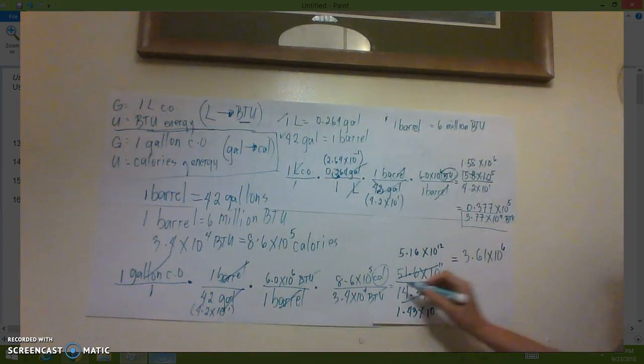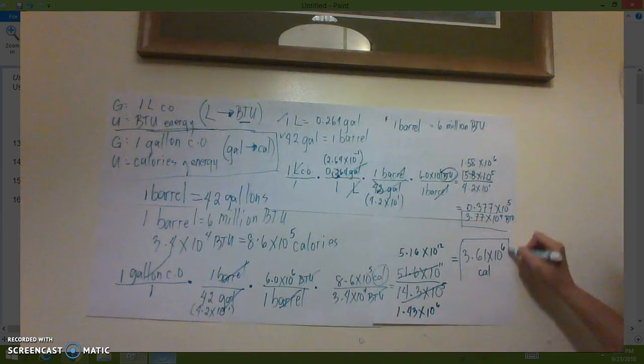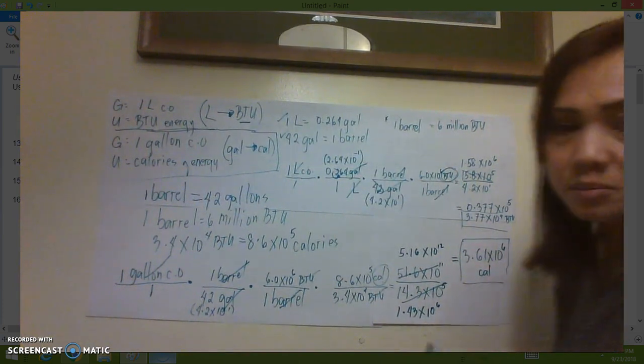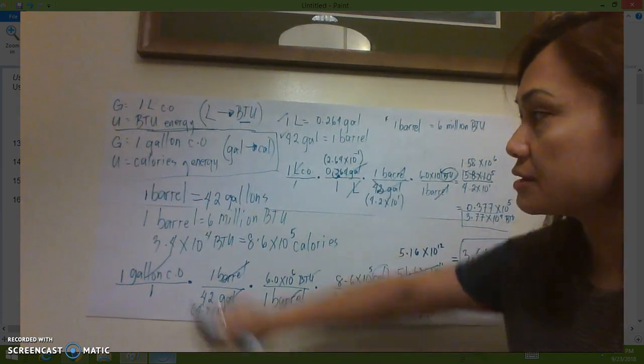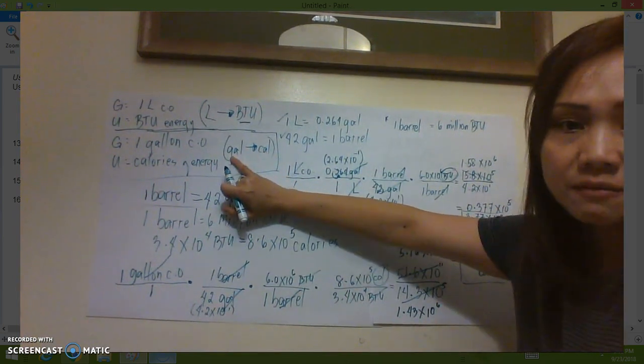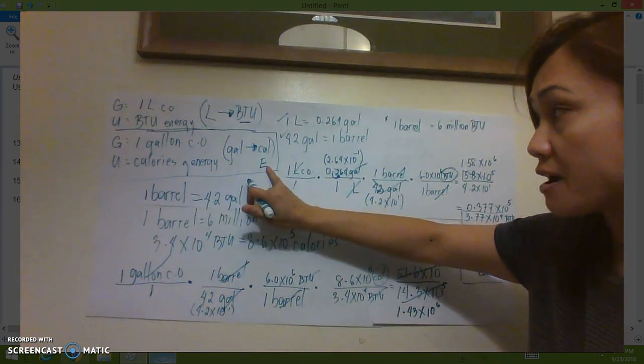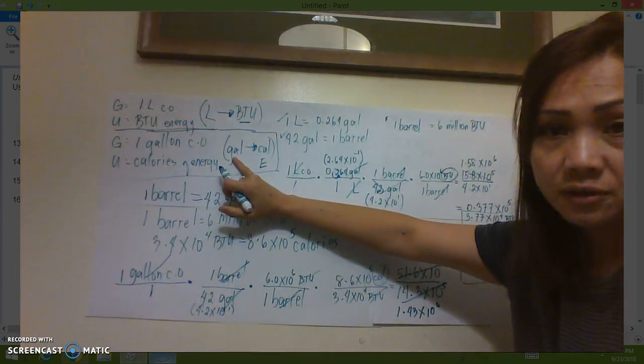And the unit here will be calories. So that is our final answer for the second part of the question, which is how many calories of energy are there for every gallon of crude oil.